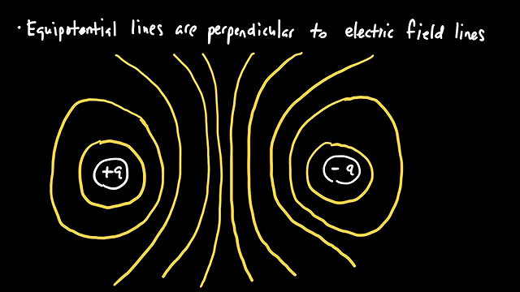If I start on the left and move perpendicular to these lines, you can see that I am going to generate lines that are the electric field lines. For example, if I run straight in between these two, perpendicular to all these lines is a line that runs straight from one charge to the other.